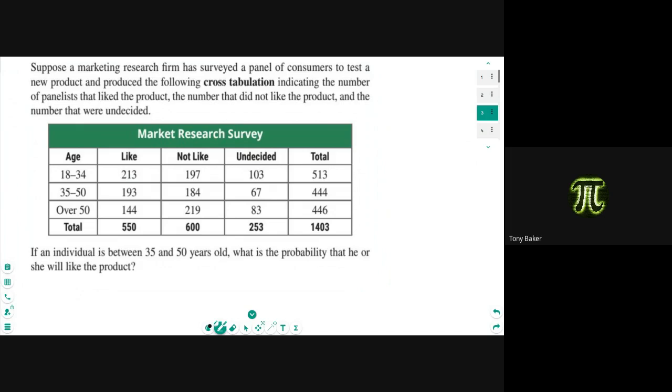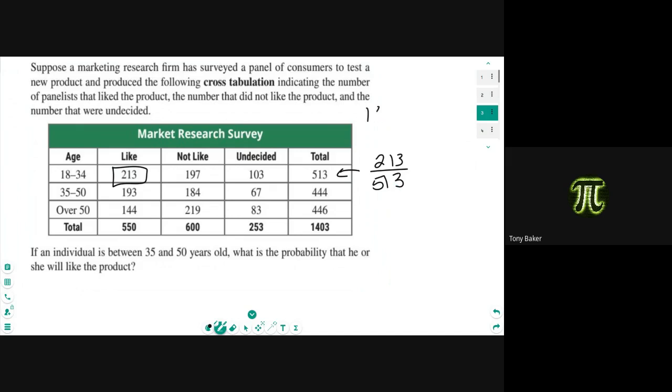Now, what you were saying was, what is the probability that they like the product given they are 18 to 34 years old? In that situation, we're still looking at the 213, but since we were given the fact that they were 18 to 34, this is the 213 over the 513.